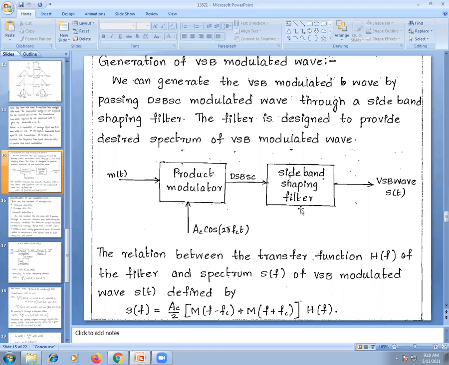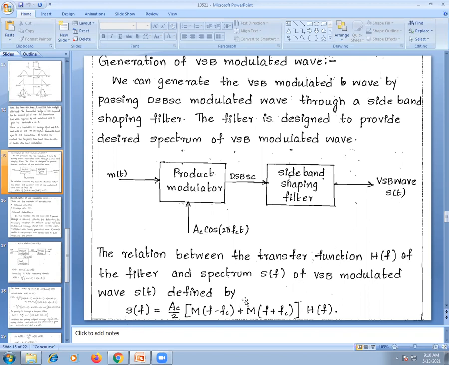That's why the sideband sharpening filter is used. The entire modulation depends upon the transfer function of the filter, H of f, so that the spectrum is S of t, that is the VSB wave.